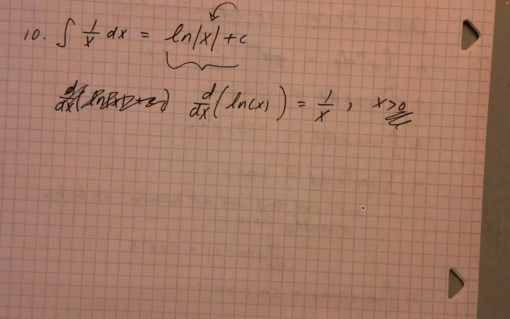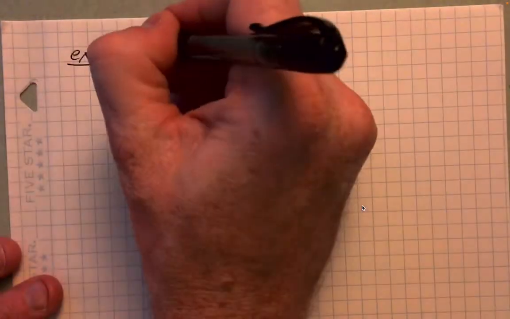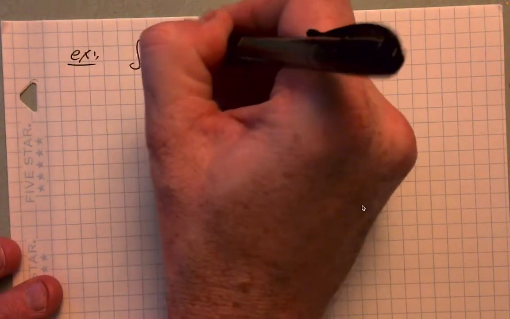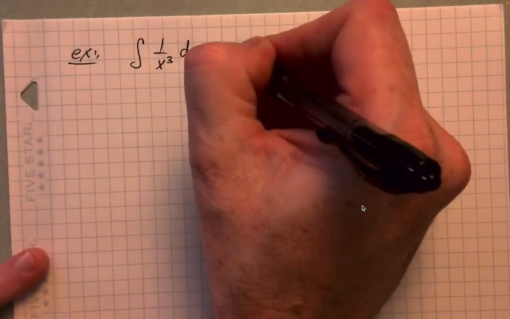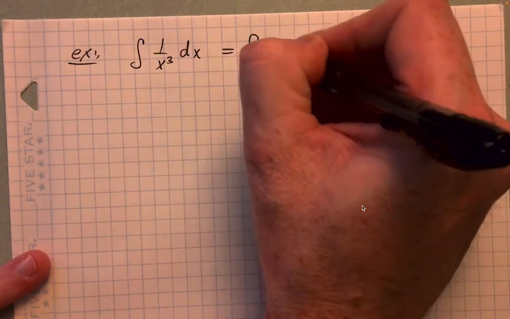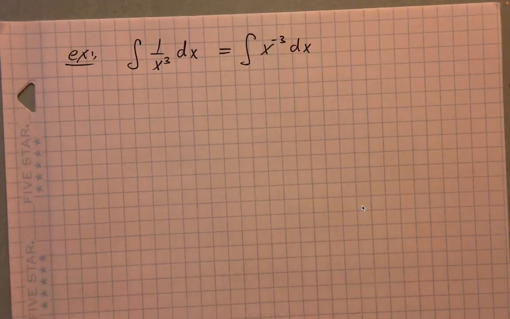So let's calculate the following integrals. Let me start a fresh sheet here. Let's calculate the integral of 1 over x cubed dx. Okay, let's do this one. So this guy, we would probably want to rewrite as x to the negative third power, and then it's just an application of that x to the n formula.